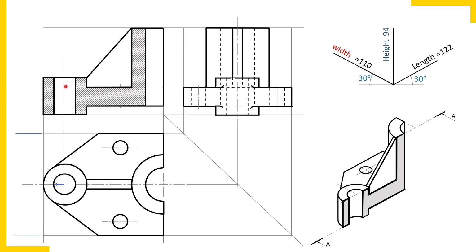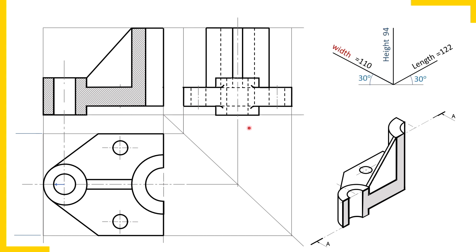So simply the newly generated surface we have shown by hatching lines, and original surfaces we have not shown by hatching lines. So the inner surface of the hole, inner surface of the semi-cylindrical slot. And why not hatching lines on the trapezoidal plate? Because that is a rule in sectional views, that the largest surface of the plate must not have hatching lines on it. So this is how we have completed the three views: sectional front view, top view and side view.